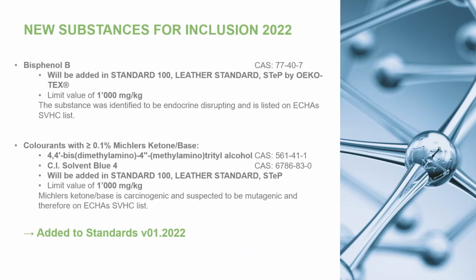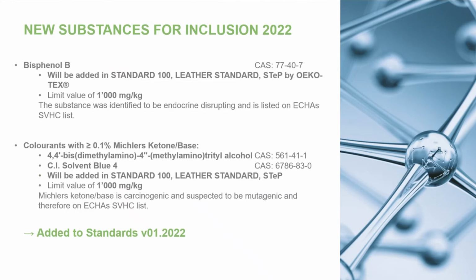We have added this to Standard 100, Leather, and STEP, as we will see later for Eco Passport as well. Maybe important to know is that all of these changes that I will be talking about have been added to the standard document of the Leather Standard and Standard 100, and they will come into effect on the 1st of April of 2022.